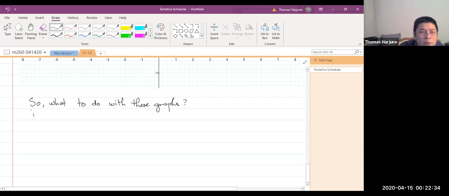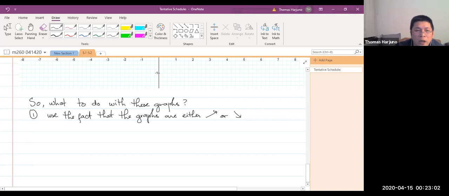The first one, we will use the fact that the graphs are either increasing or decreasing, and therefore the function is, I wonder if you remember, if the graph is increasing or decreasing, then the functions are one-to-one.